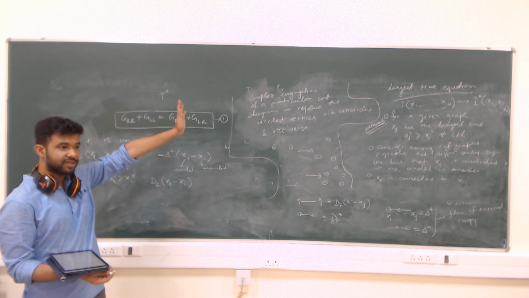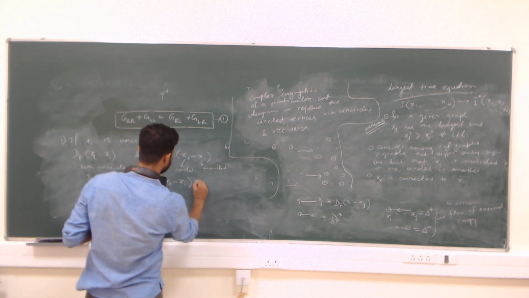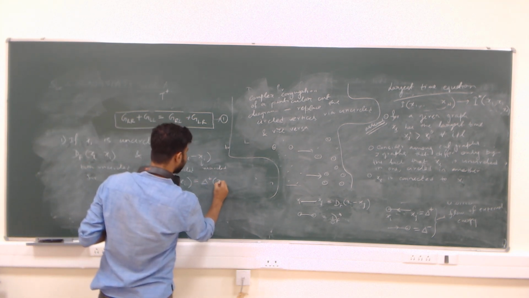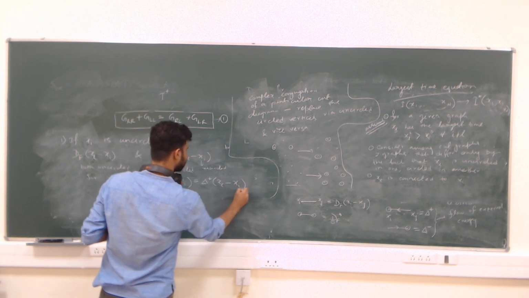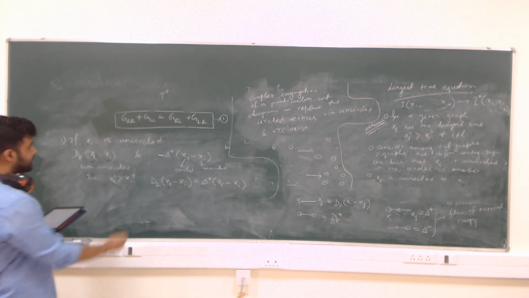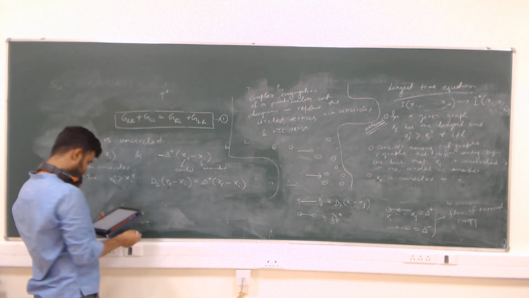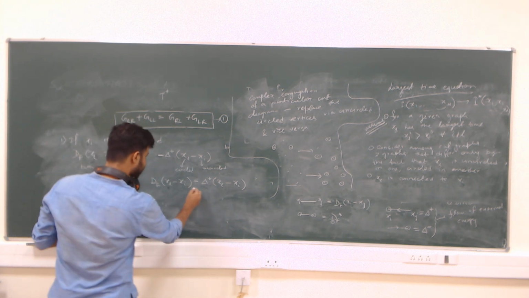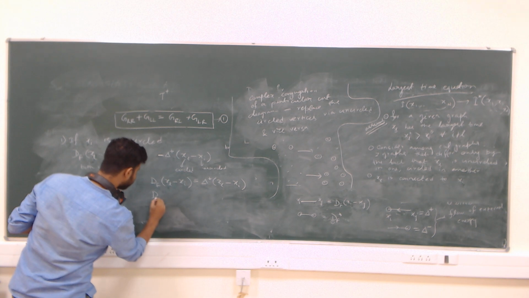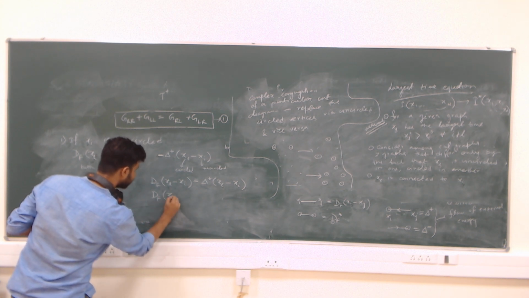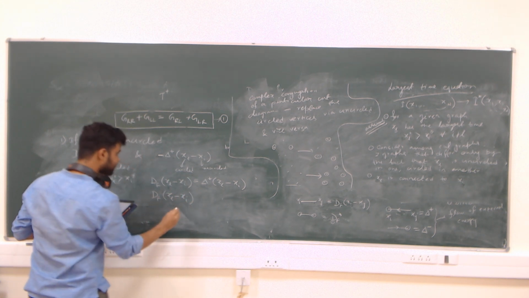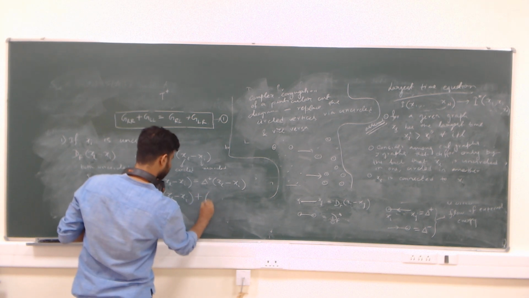The second theta function will go away. This will only be delta plus xl minus xi. And this minus sign, basically I can take this part in the left hand side, and write this equation in the following way.